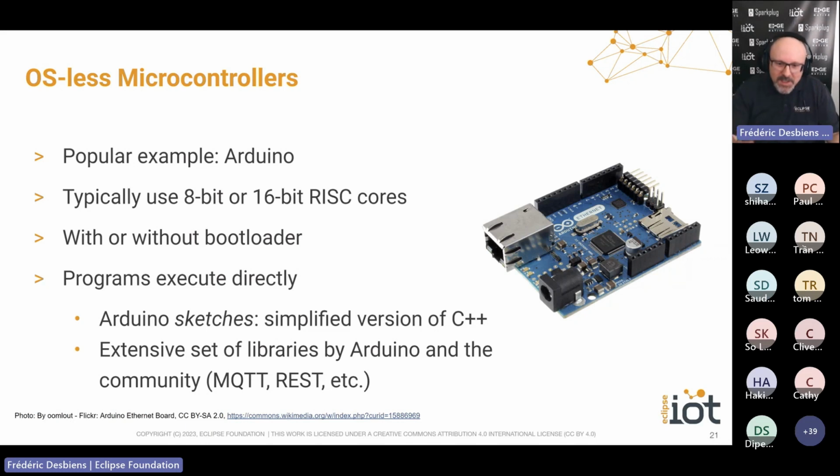If you need to squeeze an extra drop of storage, you can wipe out the bootloader of most of those boards, and the programs execute directly on the board. So, for example, in the case of Arduino sketches, that's a simplified version of C++. And of course, typically you will get an extensive set of libraries built by Arduino and the community to support MQTT, REST, and things like that.